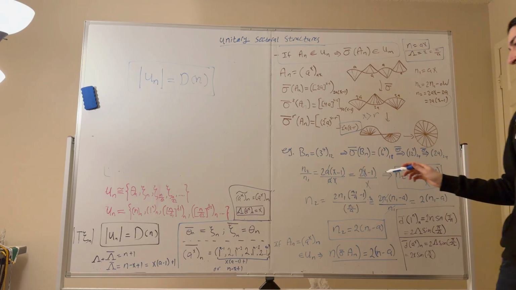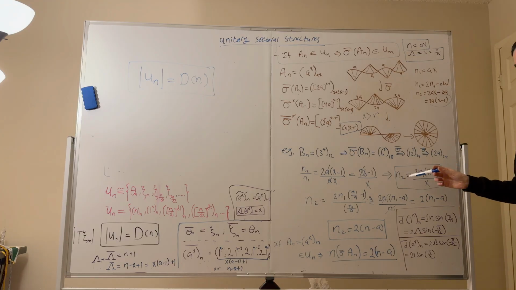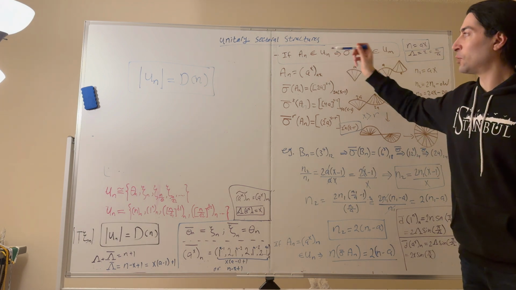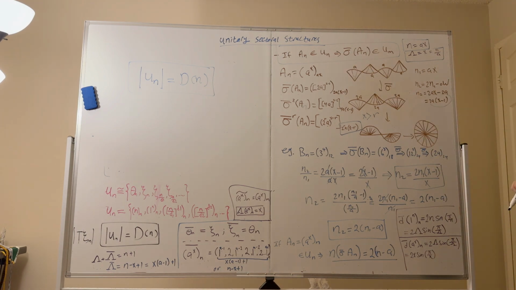We can solve for n2 also, and we get n2 is equal to 2n1 times x minus 1 over x. And remember, x is the order.